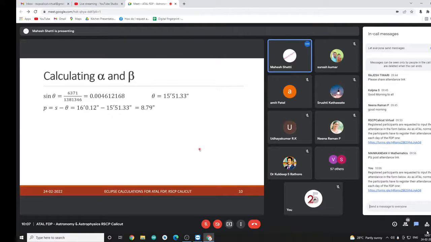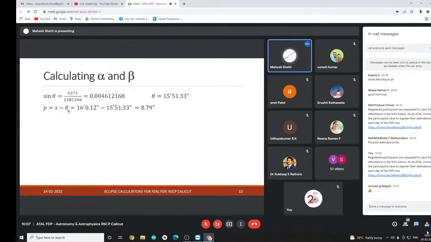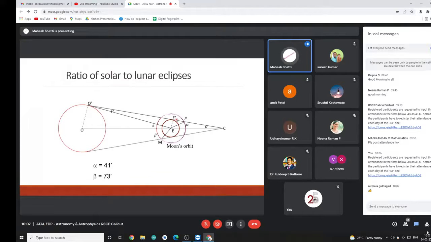Now we have this other thing, P is equal to S minus theta. So let us look at what is P, what is S, what is theta. Let us quickly come back. P is this angle, E dash O dash E. S is O dash E O, and theta is this angle.